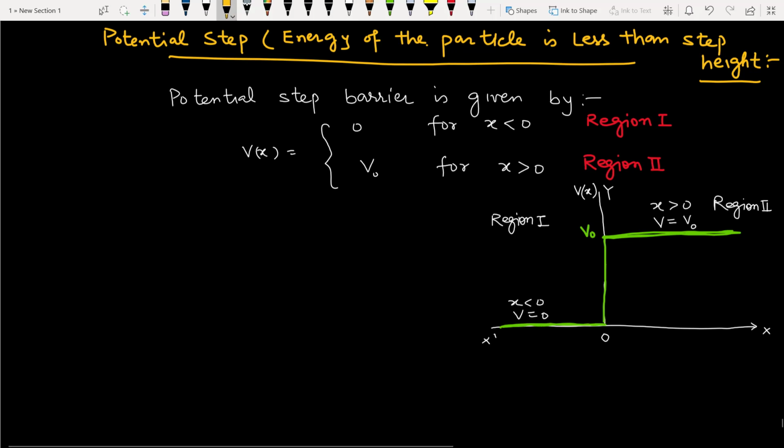So now we come to the classical view, that what will happen when a particle of energy less than the potential height is incident.